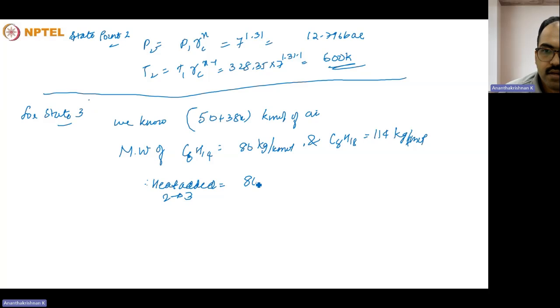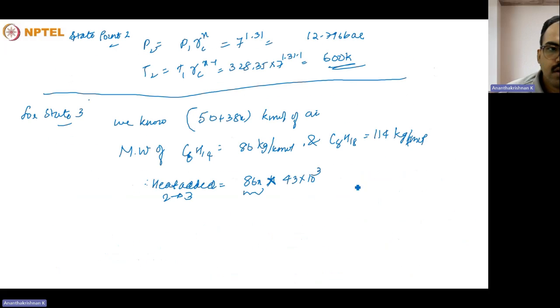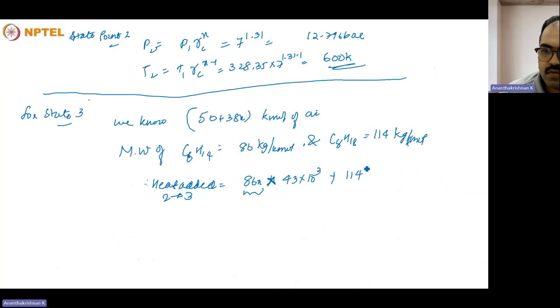For 1 mole of C8H18 and x moles of C6H14, it is 86x mass into the calorific value, 43 into 10 cube, plus 1 into the calorific value, 42 into 10 cube.